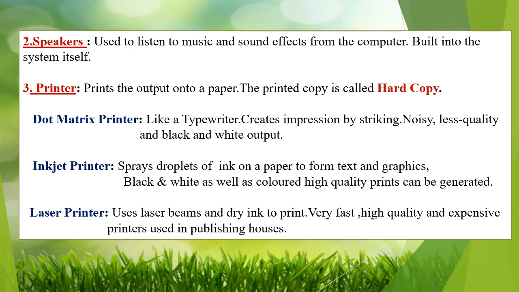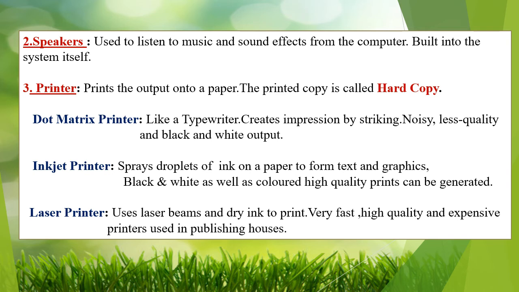The second one is the inkjet printer. They spray droplets of ink onto paper to form text and graphics. It is available in black and white as well as colored. It produces higher quality prints compared to a dot matrix printer, and it can be used for your routine purposes.